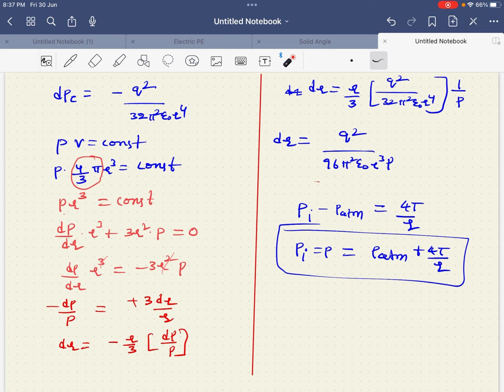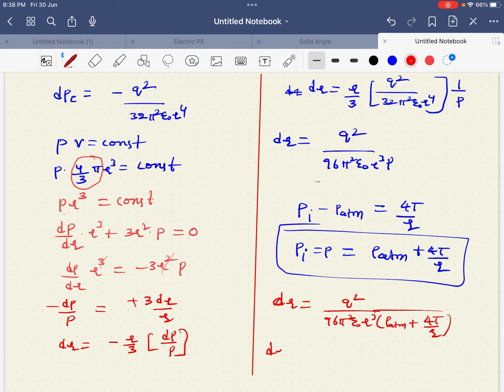Now delta r, or dr, is equal to q square by 96 pi square epsilon naught r cube into P, where P is atmospheric pressure plus 4T by r.